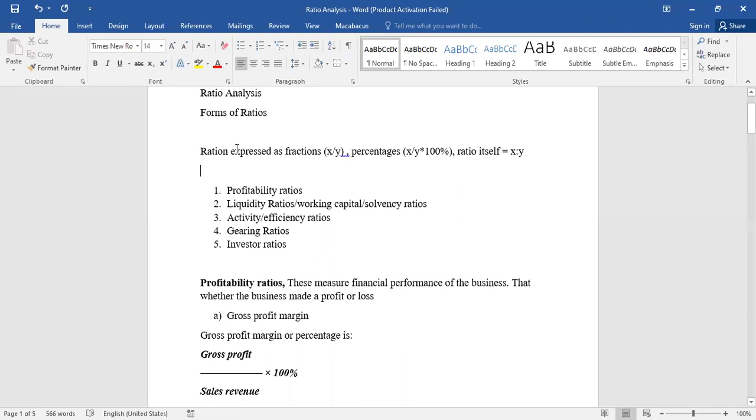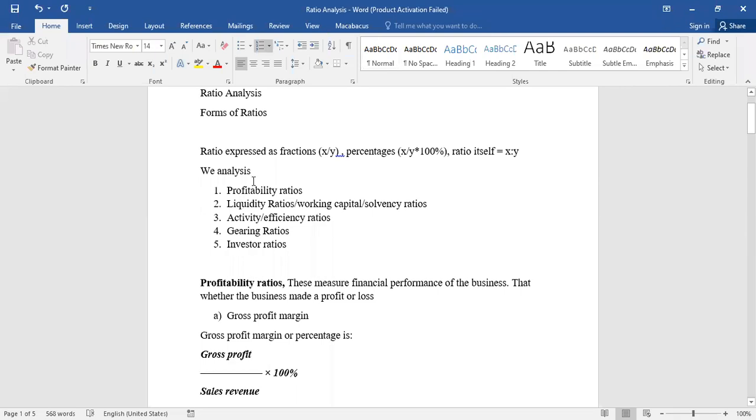Now in ratio analysis, we analyze based on these few things that you see.